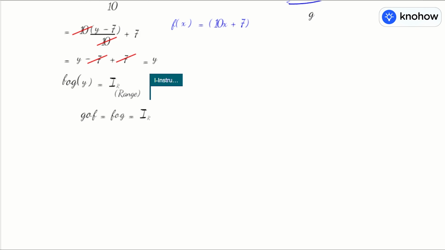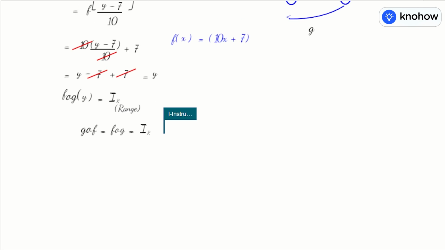So what do you find? That f o g of y is y again. So this time it is of course identity, but identity of what? Real numbers, but this set of real numbers is the range, or the codomain, of the initial function. So anyway, we have proved g o f equal to f o g equal to the identity element on the set of real numbers.